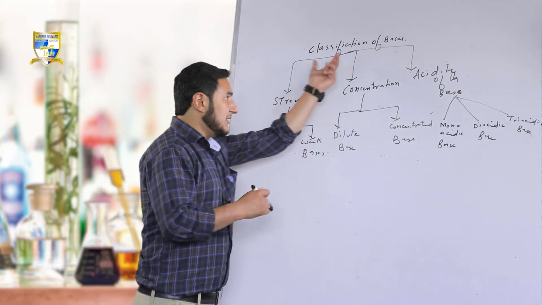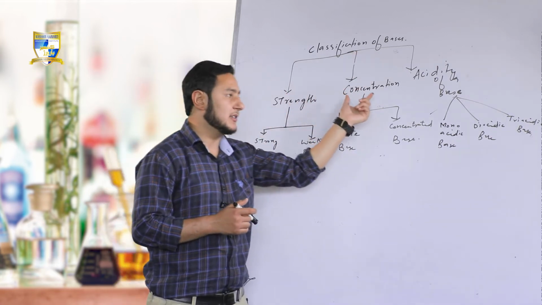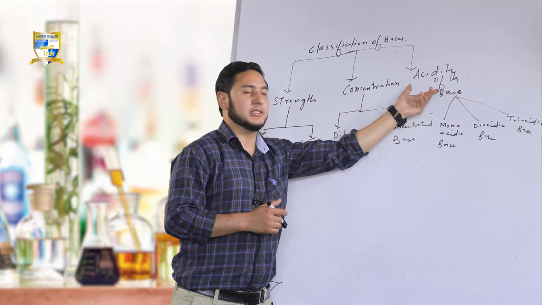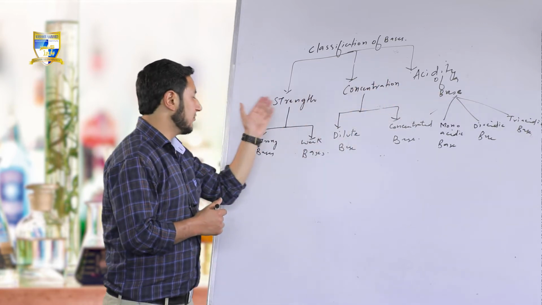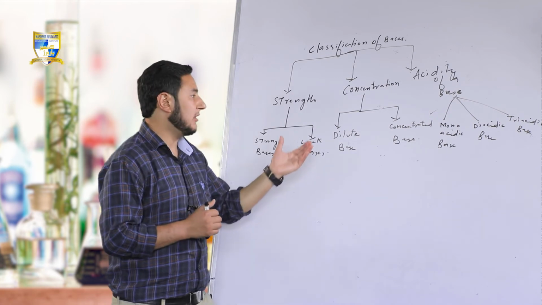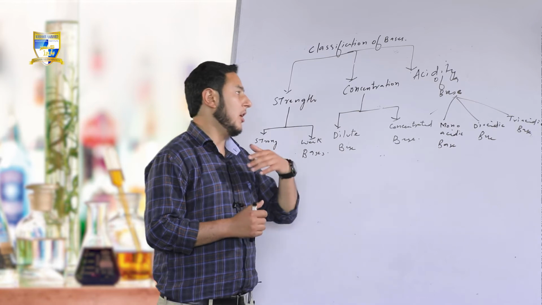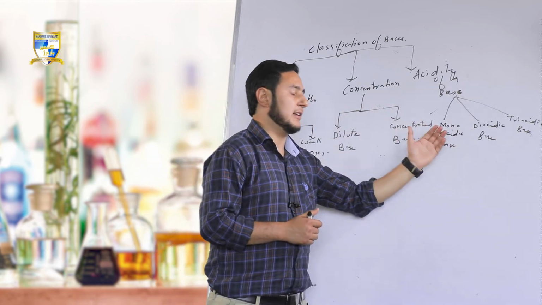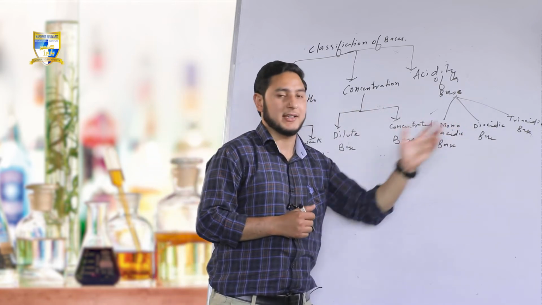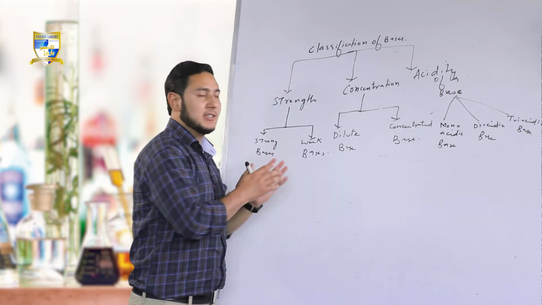So, bases are classified on the basis of strength, on the basis of concentration, and on the basis of acidity of a base. On the basis of strength, bases are classified into strong base and weak base. On the basis of concentration, bases are classified into dilute base and concentrated base. On the basis of acidity, bases are classified into monoacidic, diacidic, and triacidic. We will discuss these one by one.